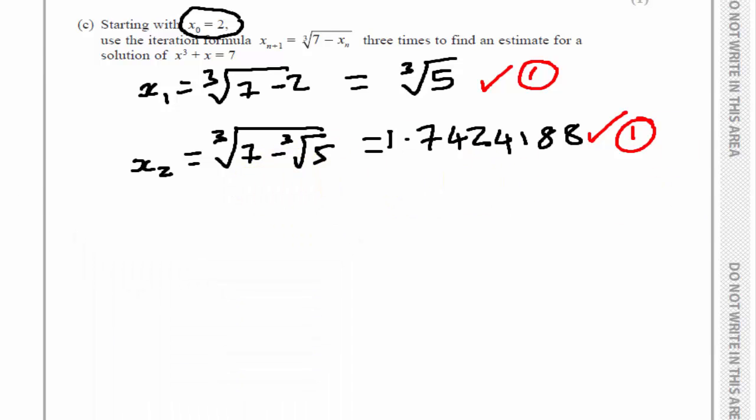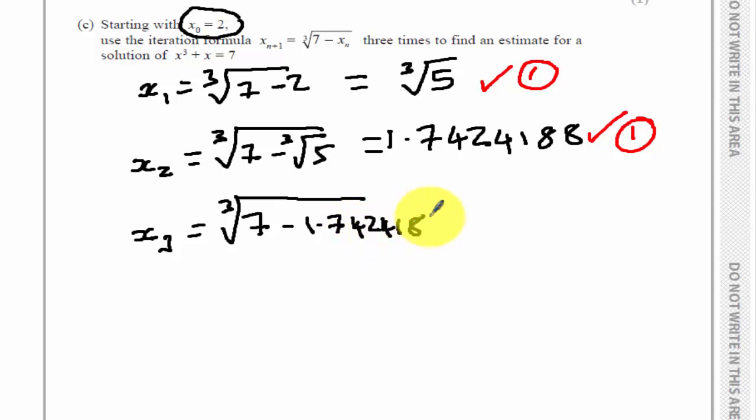And for my third iteration, I take the cubed root of 7 minus 1.742188. Obviously you can be using your calculator for this.